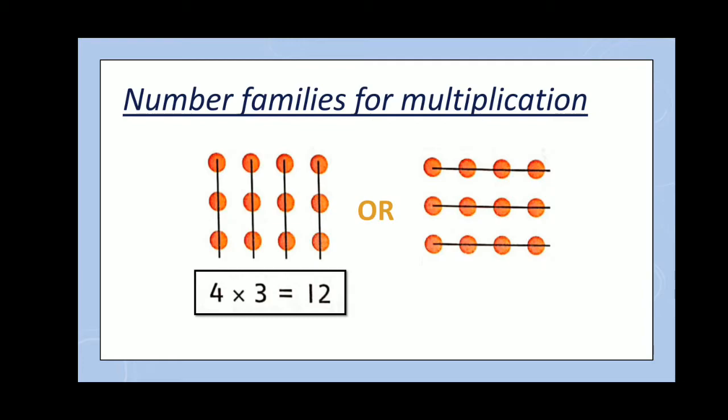On the other hand, there are 4 columns and 3 rows, and when you multiply in horizontal way, you can write 3 multiply 4 is equal to 12. So this is how it is done.